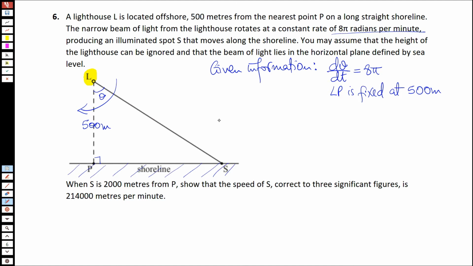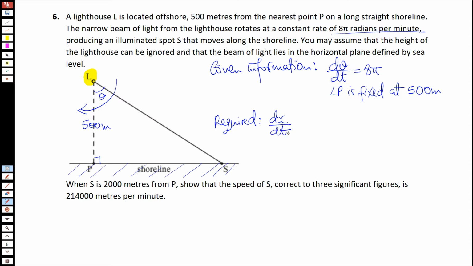So what is the required information? What is required in this question is we are required to show that the speed of S, correct to three significant figures, is 214,000. So basically, let's interpret it in a different way: what's required is the speed of S, which is the rate of change of x with respect to t.